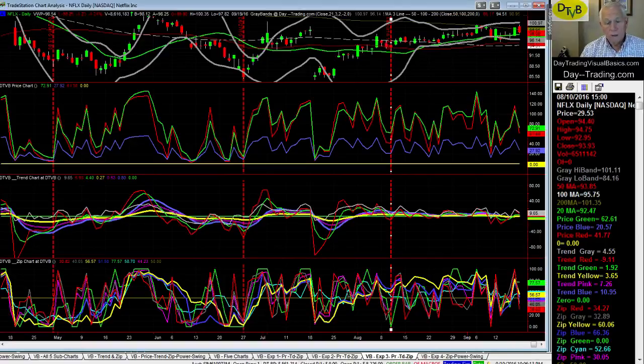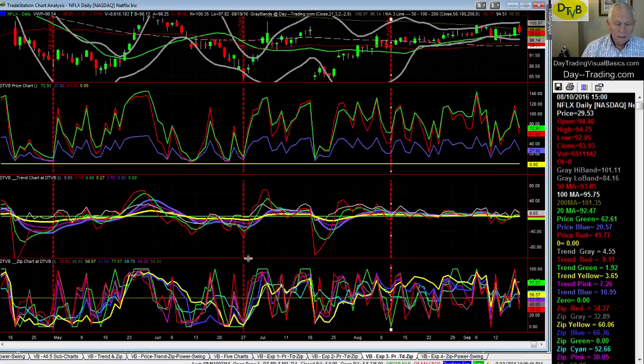And so you don't see zip pink that high very often, and technically next to green, but that requirement is typically there in the vast majority of cases. But when you have two patterns at the same time, that's very indicative of it going up the next day.